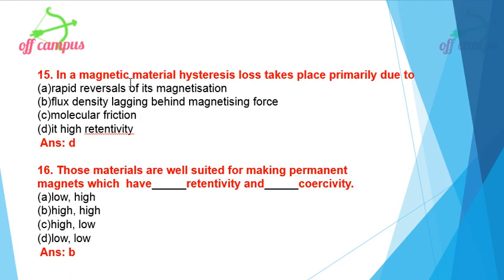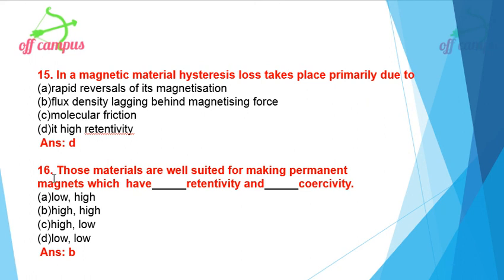Then 15. In a magnetic material, hysteresis loss takes place primarily due to rapid reversal of its magnetization, flux density lagging behind magnetizing force, molecular friction, or high retentivity. So, the answer is option D, high retentivity.